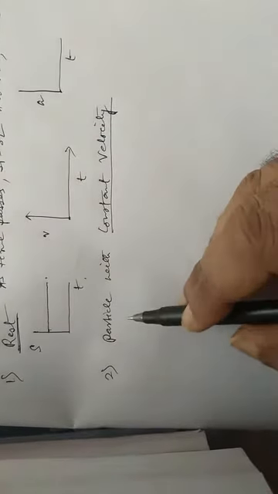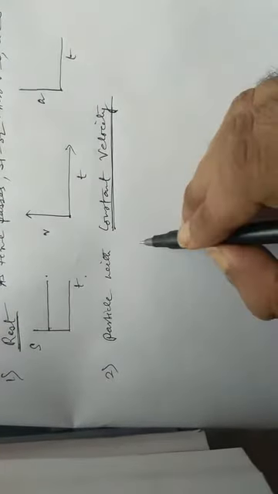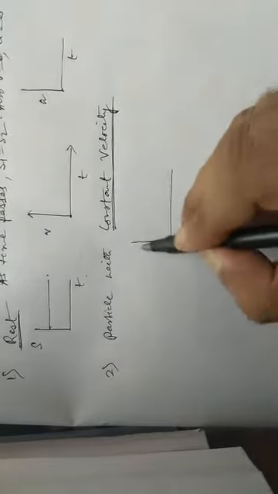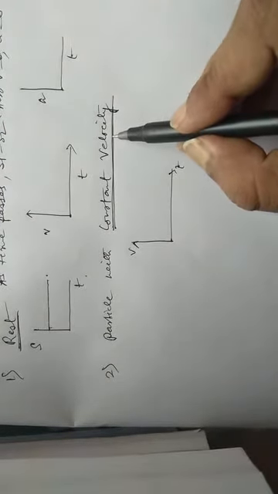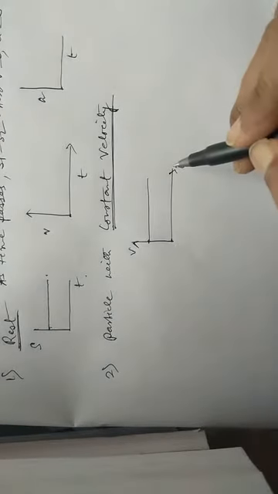Now let us discuss a motion with constant velocity. The particle is moving with a constant velocity. It is better to draw the velocity time graph of a particle at constant velocity. That means velocity does not change with respect to time. So this is a velocity time graph.